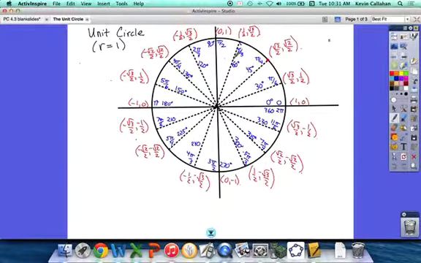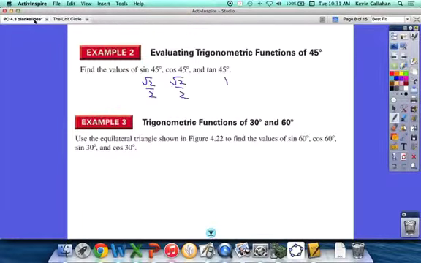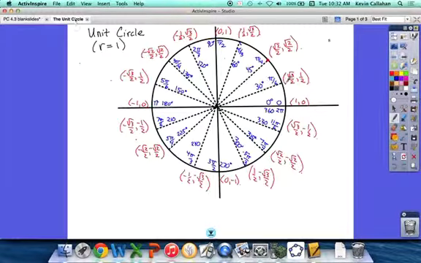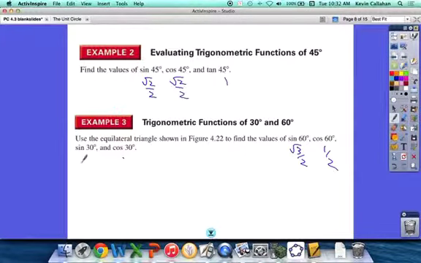Sine, cosine, tangent. Sine, root 3 over 2. 1/2. Oh, actually, this is sine and then cosine, and it said sine and cosine of 30 degrees. Okay, well, that just flips them. 1/2, root 3 over 2.